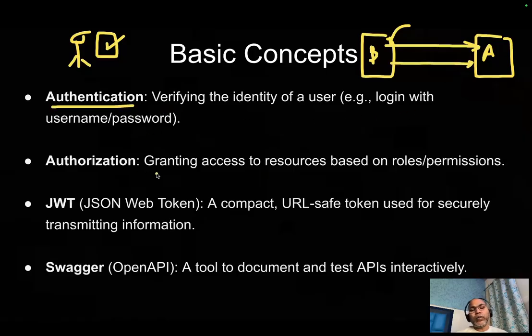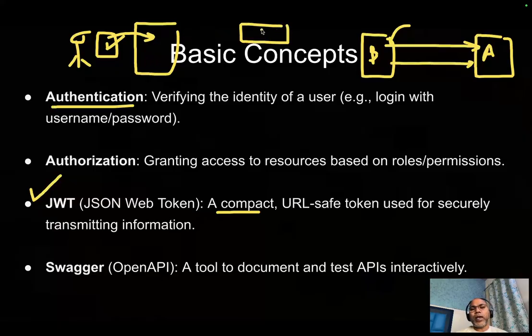For that scenario, there is a concept of a compact document with a signature, something like a JWT token. The first time, the user logs in with their credentials and generates one access token. Hey, this is my access token.